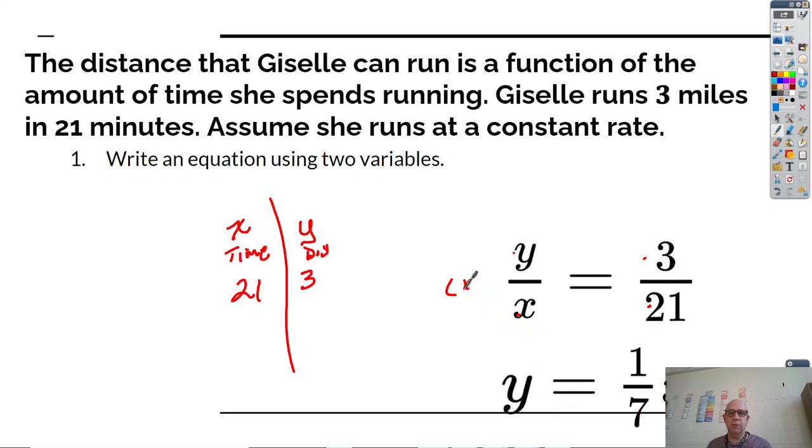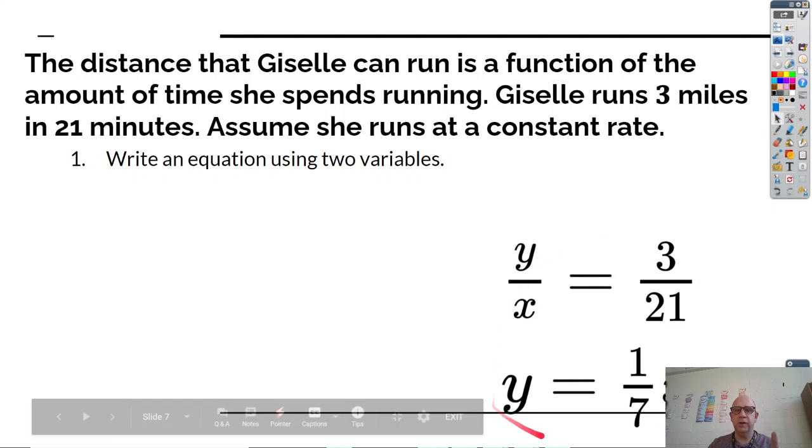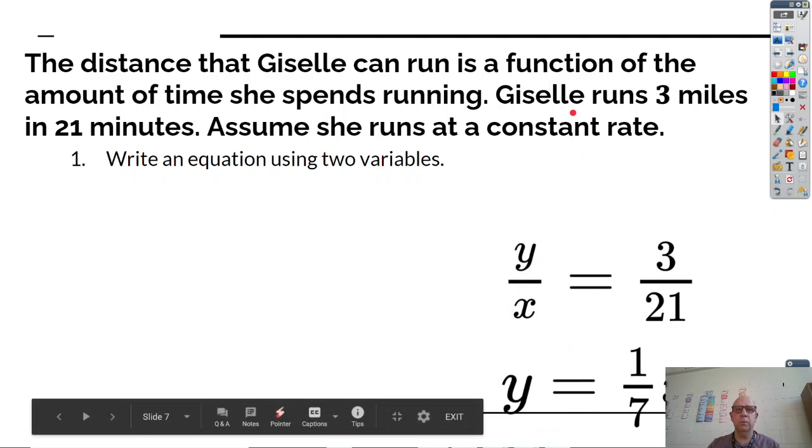If I multiply both sides times x, these x's cancel out, and I have y equals 1 over 7 x. Okay. So we've created an equation from our word problem.